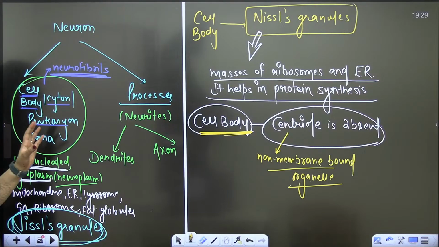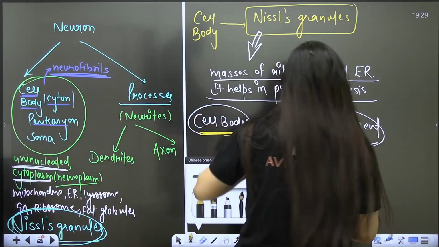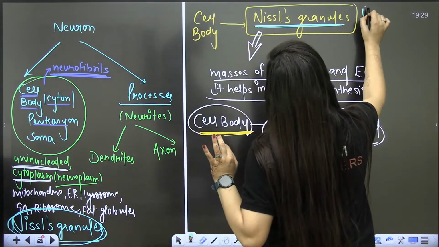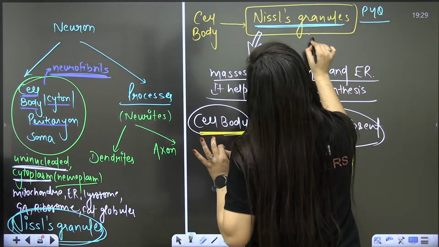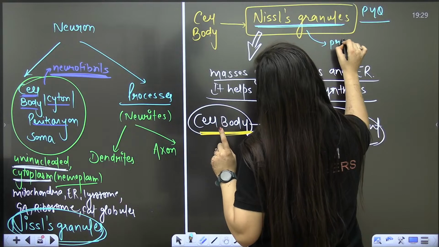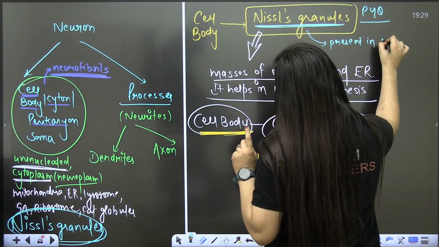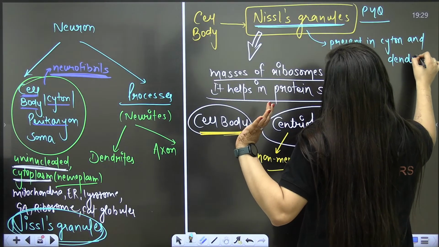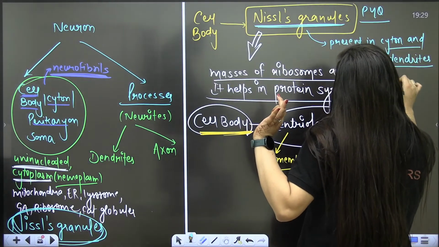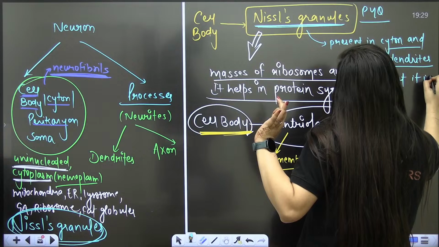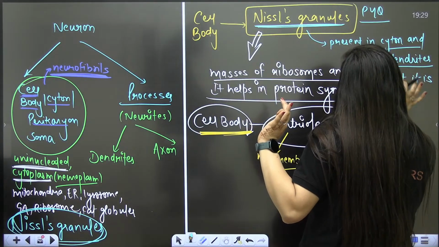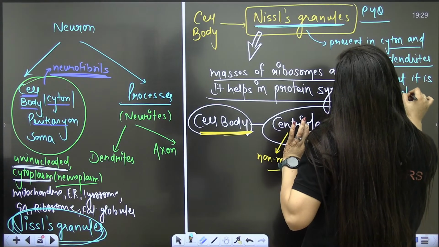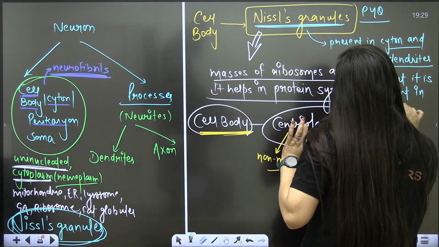Okay, so neurofibrils are also there. One more thing, which is not clearly written in NCERT, but it is important. Nissl's granule, it is also a PYQ, you should know that. Please note down, it is present in your cyton and dendrites. They didn't specify, but it is absent in the axon or axoplasm.